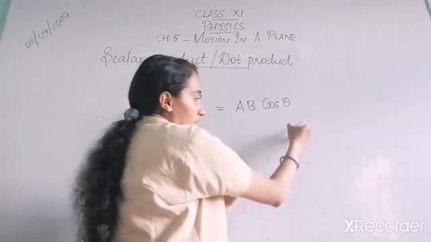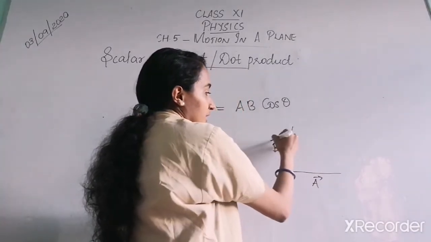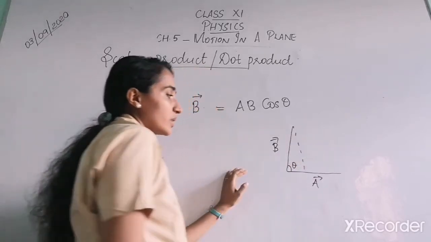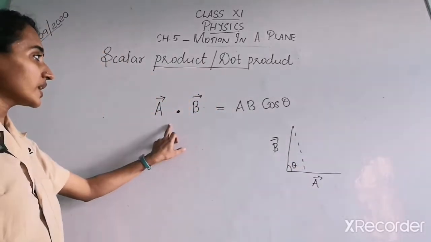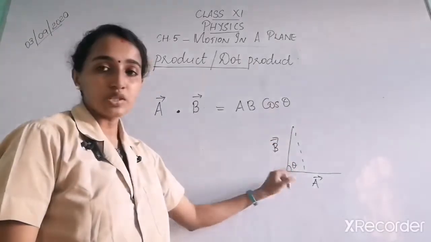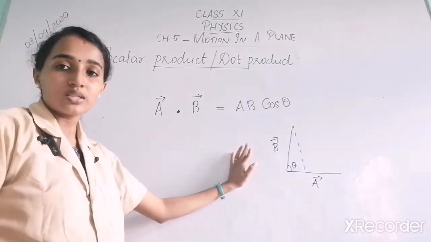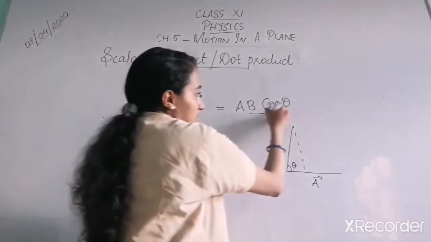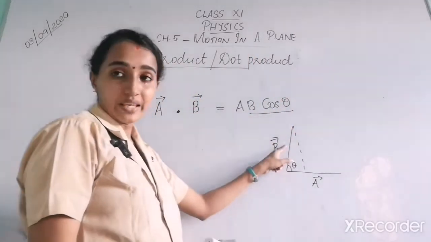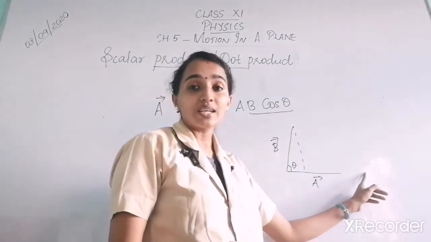That is, if you have two vectors, vector A and vector B, and theta is the angle between them, you define it as the product of their magnitudes and the cosine of the angle between those two vectors. Now this B cos theta will be the component of B taken along vector A.